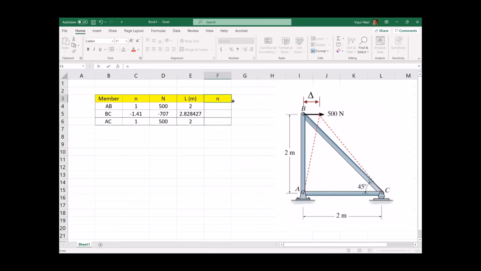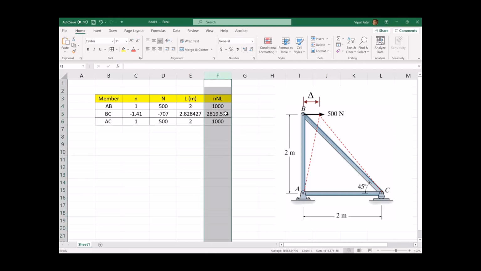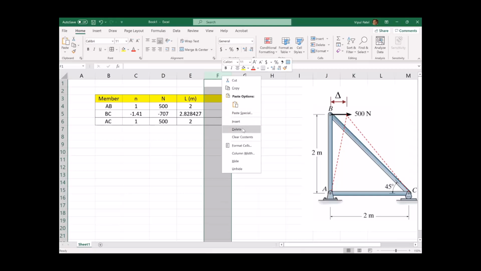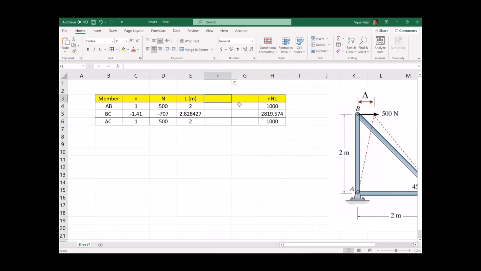And here we will have capital N, capital L. So we will multiply this 1 times this times this, and then we got this here. Let me put the E and A as well. We don't have E and A, but we assume. Do you remember that A is in millimeter square or meter square? Because we have it in meters, so let's put it in meter square.